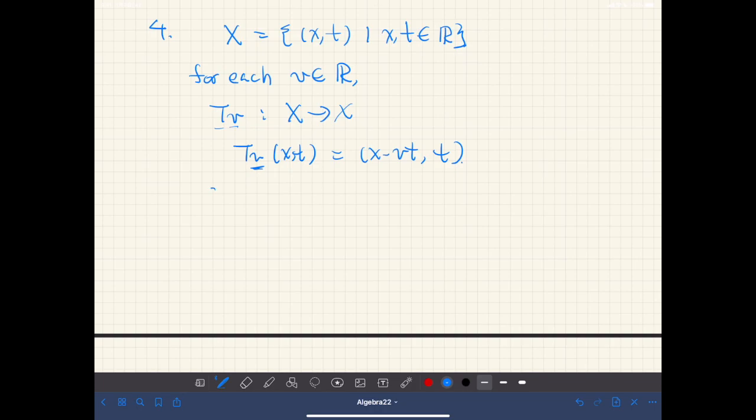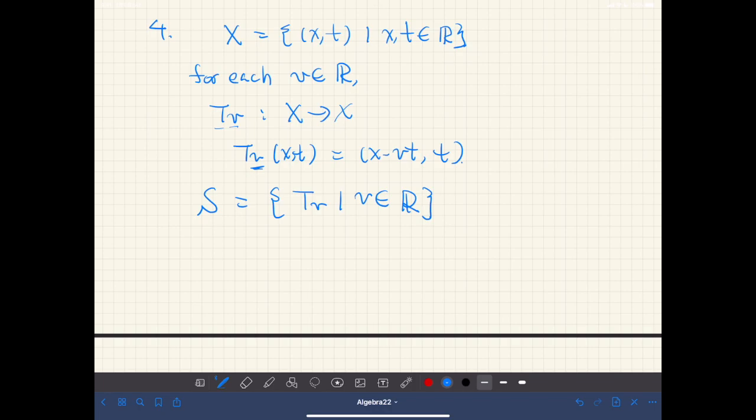Then we define the set S as the set of all such transformations where v runs over the entire real numbers.